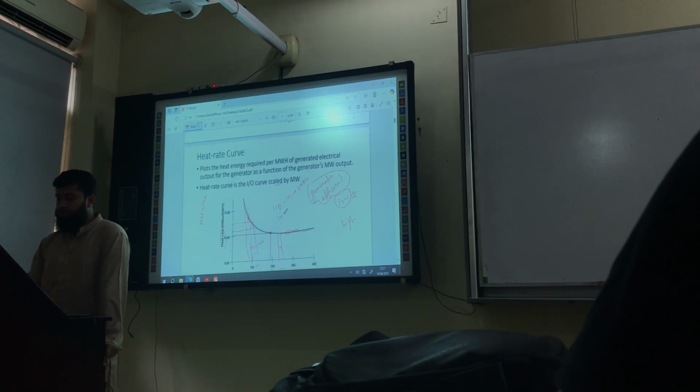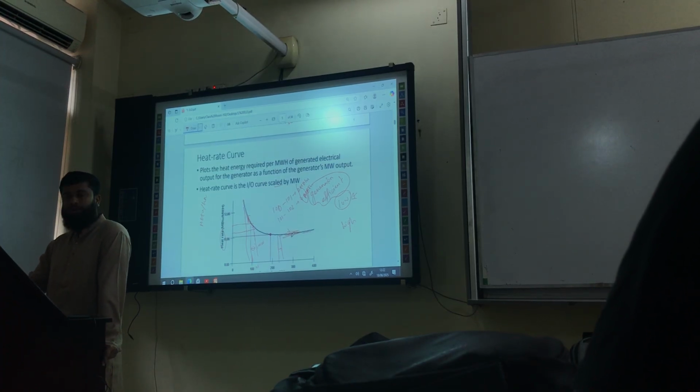For 101 to 102, you need 4, because this is the initial step and it is not uniform. But whenever you go to the uniform stage, this rate will be the same. That's why here the line is flat. To generate the additional 1 megawatt power, the rate will be uniform. That is the heat rate curve.